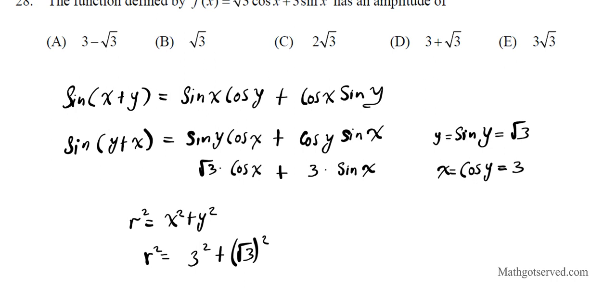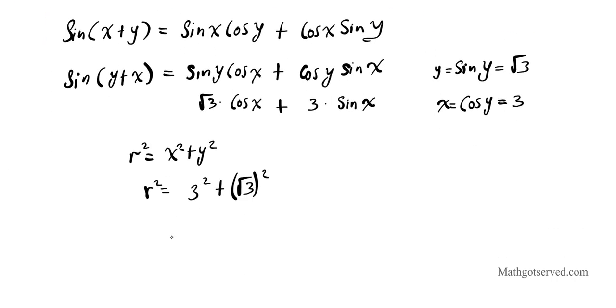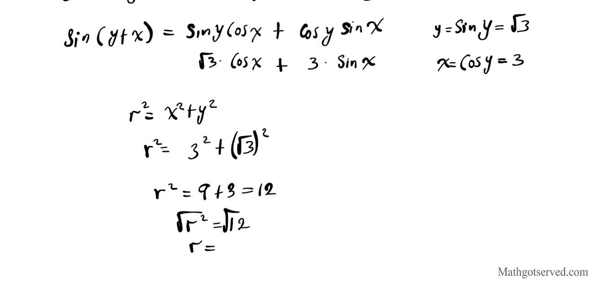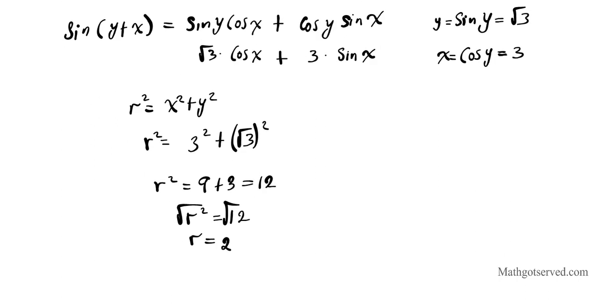So r squared equals 9 plus 3, which equals 12. Taking the root of both sides, r equals root 12, which simplifies to 2 root 3.